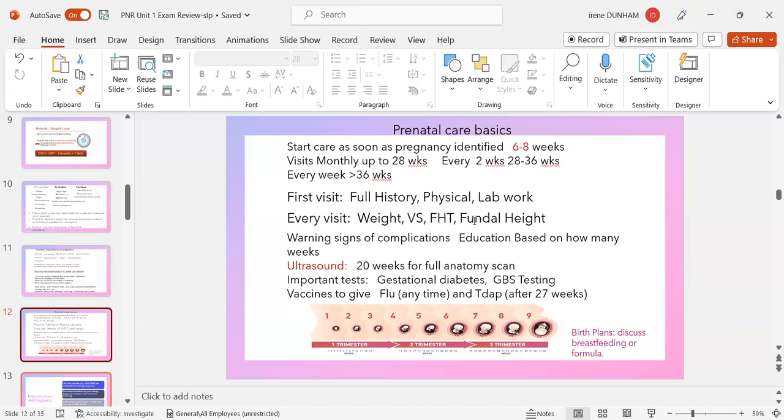And the fundal height. The fundal height is really simple. You put the tape measure on the symphysis pubis and come straight up the linea nigra, and you come to the top of her uterus, which is the fundus, and you measure. Remember, if she's 28 weeks gestation, she should measure 28 centimeters, correct? So that's a real simple tool we can use to see if baby's growing too fast.